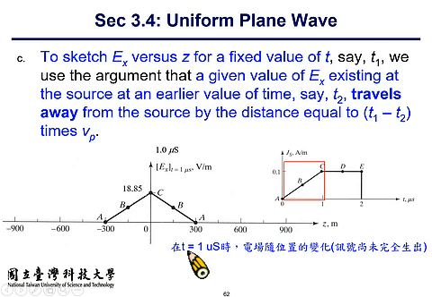So only half of the current signal emerges, only the part from point A to point C emerges from the source. And the corresponding time delay from point A is 300 meters. It's one microsecond. It's 300 meters.